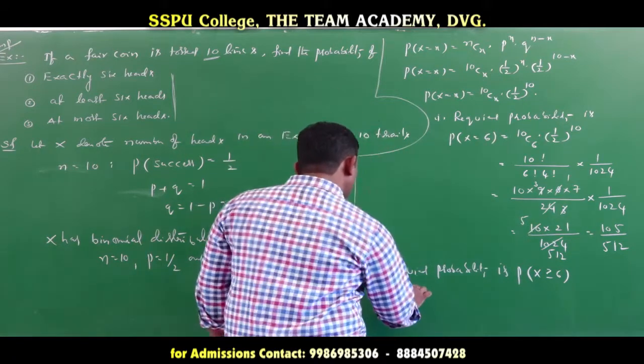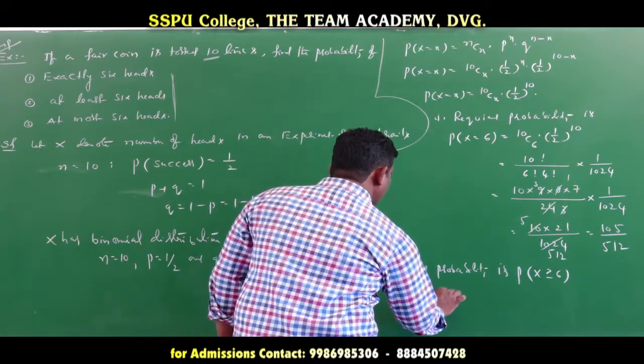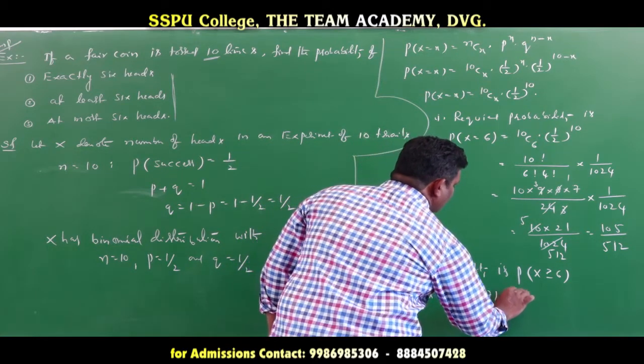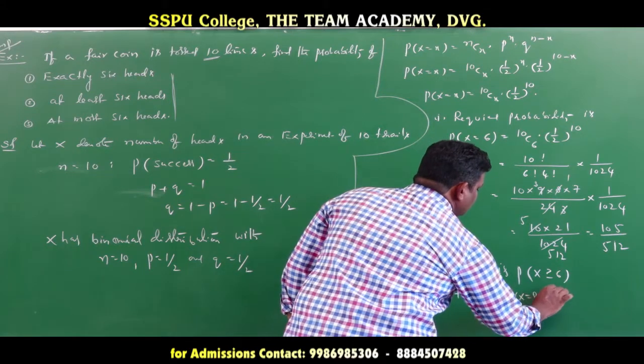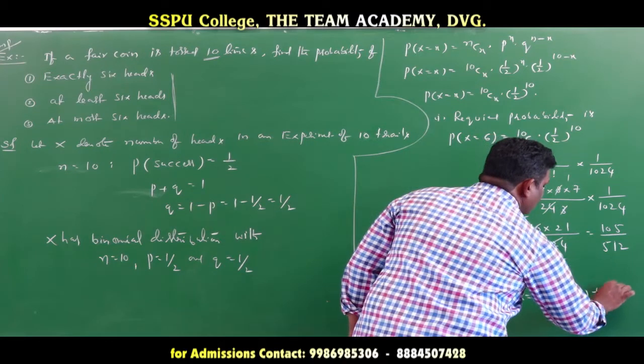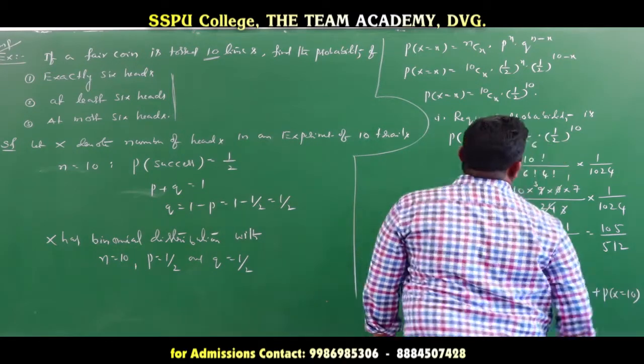So that is equal to probability of X is equal to 6, probability of X is equal to 7, probability of X is equal to 8, probability of X is equal to 9, then probability of X is equal to 10.